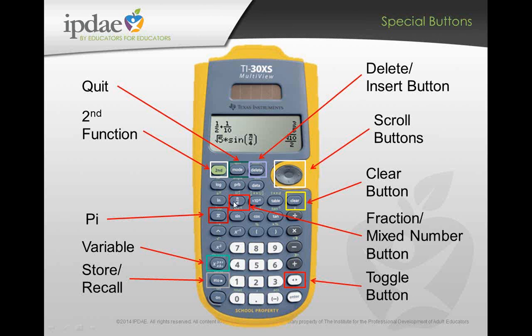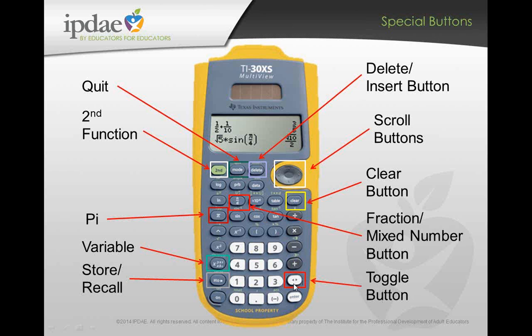We also have the fraction button here, very convenient and accessible. Remember that this button is only useful when you are in the math print mode. If you look at the screen right here, it allows us to enter numbers and print them out in numerator-denominator format.